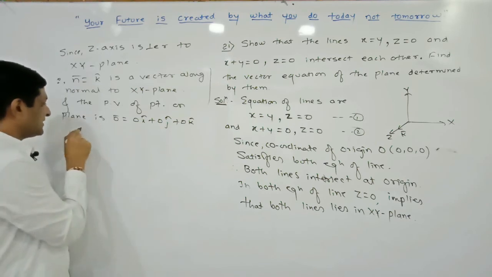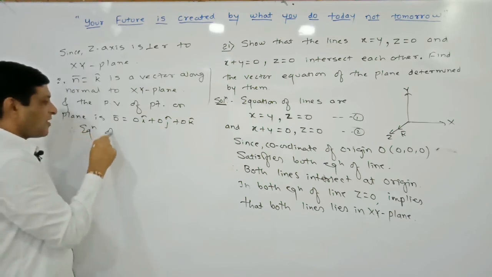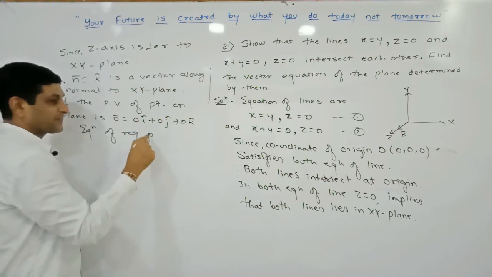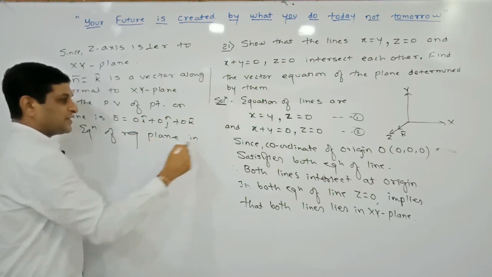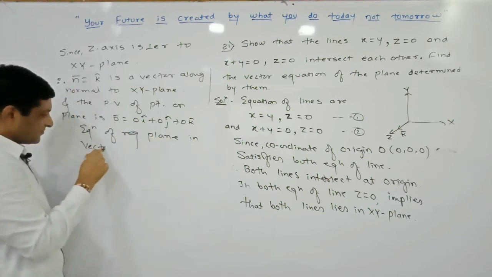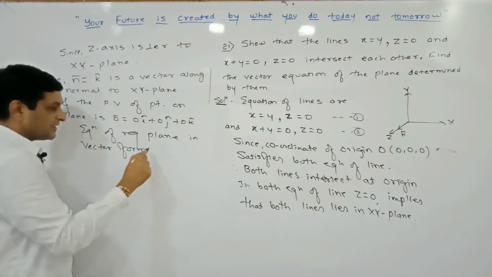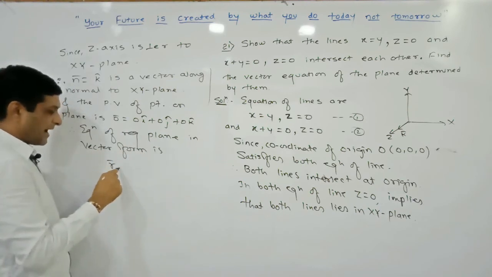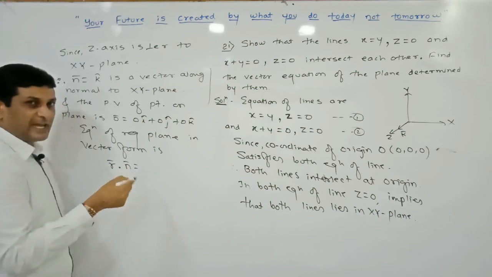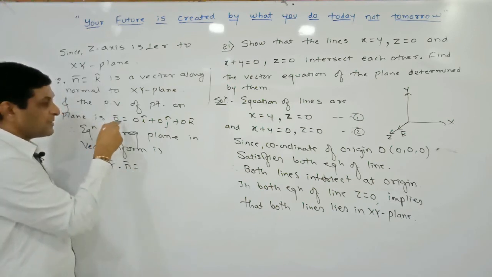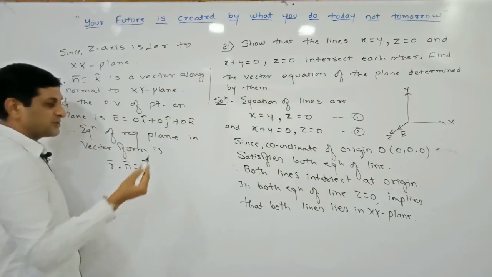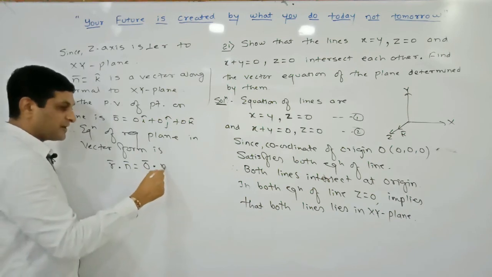So the equation of the required plane in vector form is, what is the formula? r bar dot n bar is equal to a bar dot n bar, but instead of a bar, the position vector of the point on the plane is O bar, so O bar dot n bar.